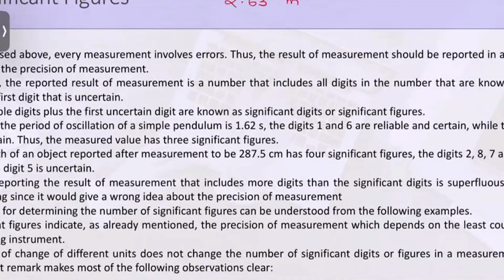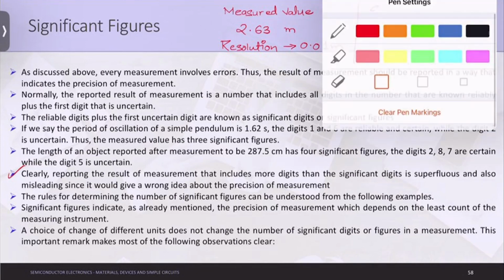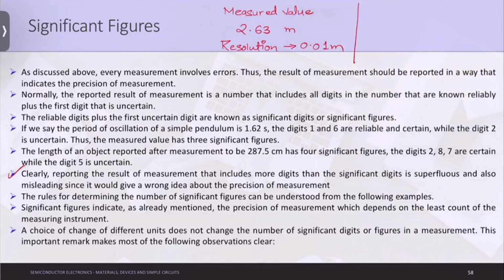Why did it come out to 2.63 meters? Because the resolution of the device was 0.01 meters. Now let us say the true value was 2.639 meters.